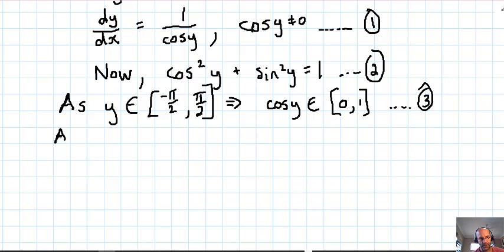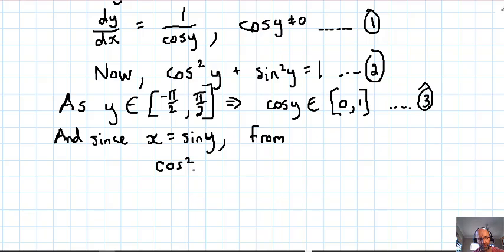And also, since x equals sine y, we can say from statement 2, the Pythagorean trig identity, that cos squared y, rearranging that, is 1 minus sine squared y, where sine y equals x.